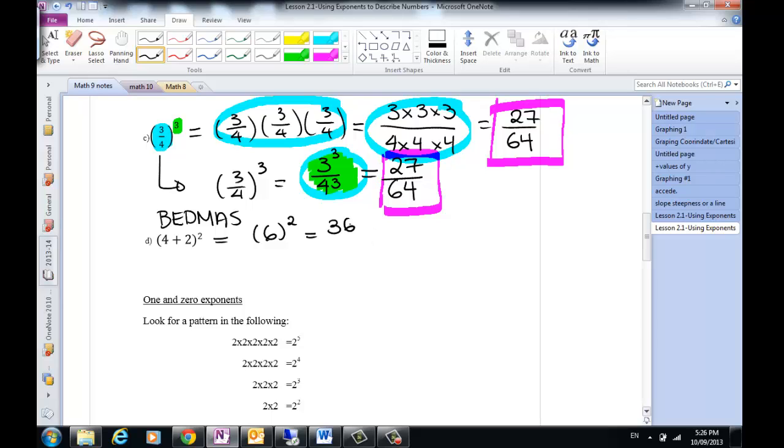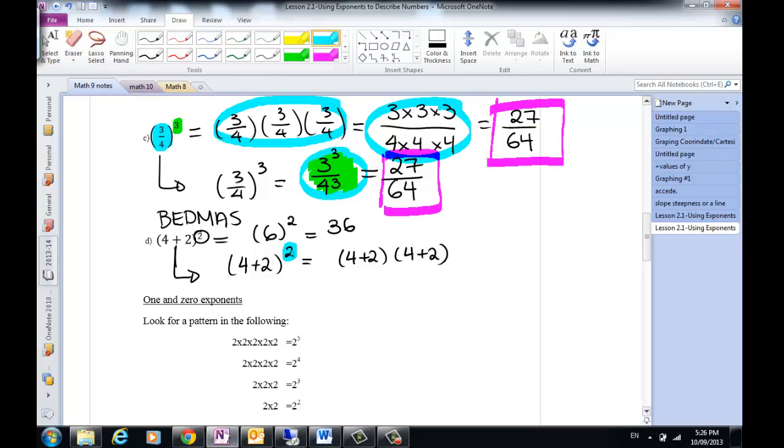Now, alternatively, if you forgot BEDMAS for a few seconds, what does this exponent 2 actually mean? If I just rewrite this again here, I can rewrite this as 4 plus 2 multiplied by 4 plus 2.